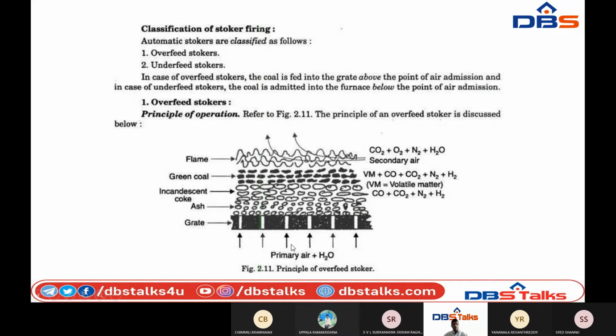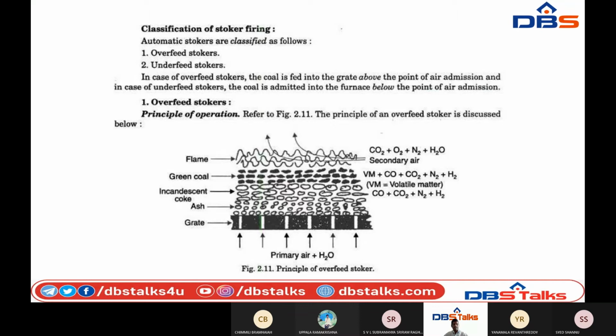This is the principle of the overfeed stoker. First of all, the air enters the grate. From these spaces, we are supplying the primary air with a combination of water vapor. The cool air enters the grate, and heat energy is added to the air.